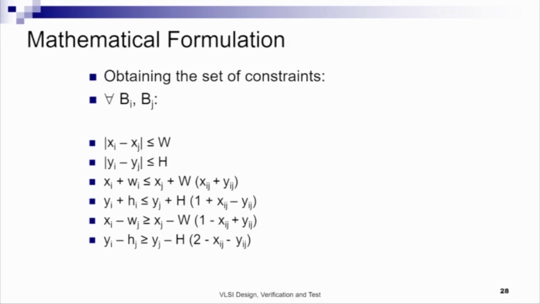Likewise, we will see that one of the constraints, depending on what we want a block to be placed on top of one, on top of the other, on the right of the other, below the other, or to the right of the other, based on that, one of these constraints has to be non-trivially true. We have to make it true. The other constraints will be trivially true. And if any one of these constraints is satisfied, we know that these two blocks will never overlap, right.